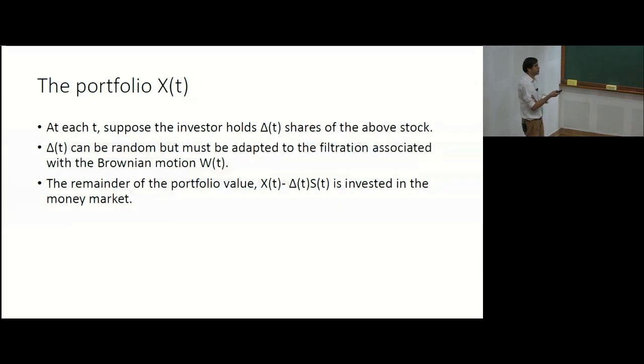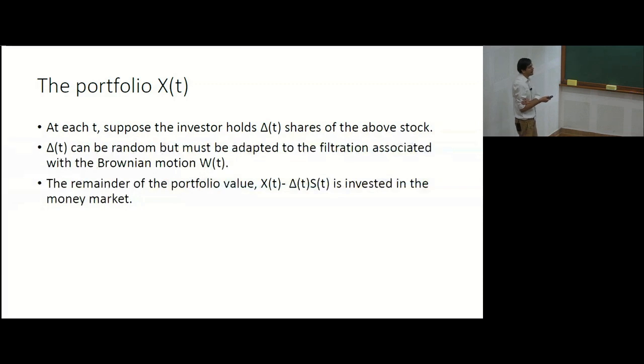So if you buy certain stocks today and you update your stocks tomorrow, the number of stocks you hold are constant during the day. So if you buy 10 stocks today, it will remain 10, and then tomorrow you say that 2 more stocks are required, so your delta t tomorrow becomes 12. So today it will stay 10 and tomorrow it will stay 12. That is the delta t process.